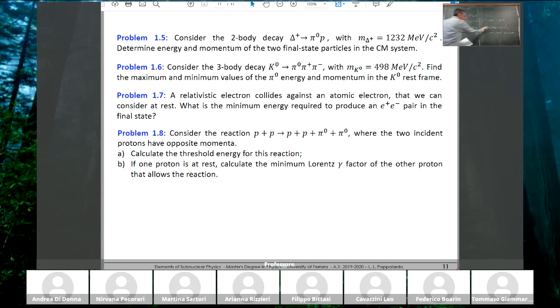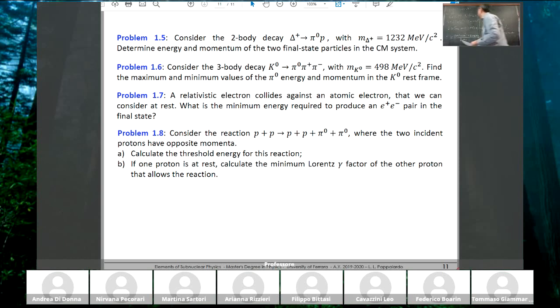So we can now extract the energy here. This must be greater or equal to twice m_p squared plus 4 m_phi0 squared plus 8 m_p m_phi0, divided by twice m_p. And this is the threshold energy. So the energy must be at least equal or even greater than the threshold energy.